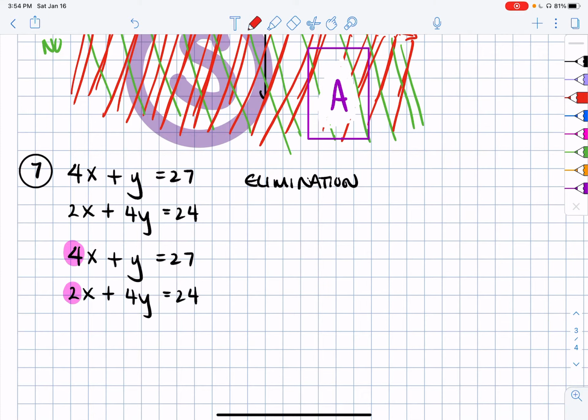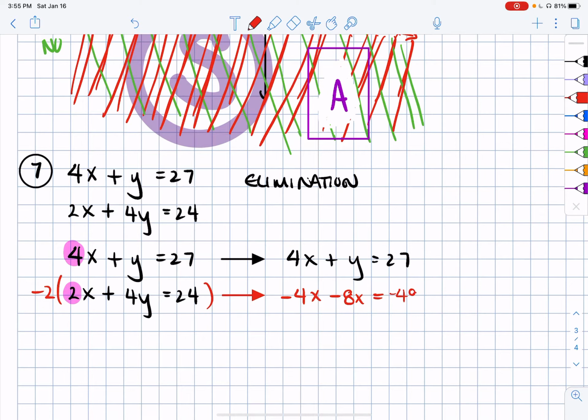So I'm going to multiply this one right here by negative 2. This is just going to stay the same, 4x plus y equals 27. However, this right here is going to change to negative 4x. I distributed negative 2 all the way through. Minus 8y is equal to negative 48.